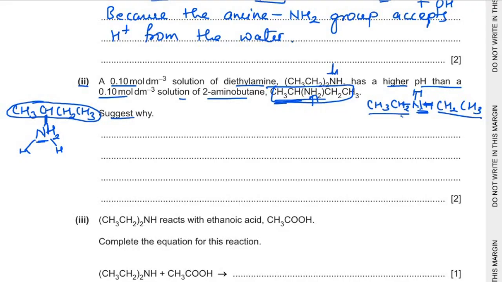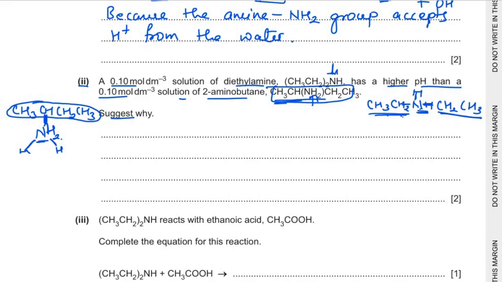That's the difference. So in 2-aminobutane there are two hydrogens and one alkyl group, but in diethylamine there is only one hydrogen and two alkyl groups bonded to it. Now if there are two alkyl groups, understand alkyl groups are electron donating, which makes the lone pair of nitrogen more available to bond with H plus, and that makes it more basic, that is it has higher pH.